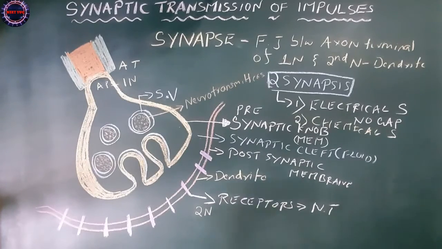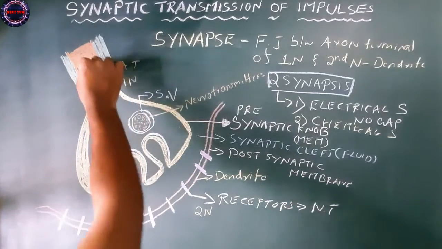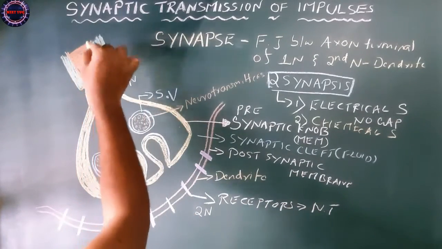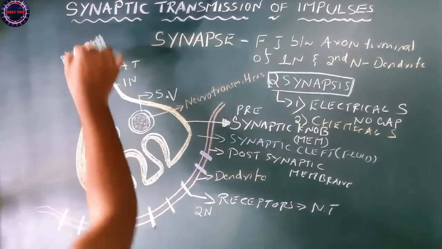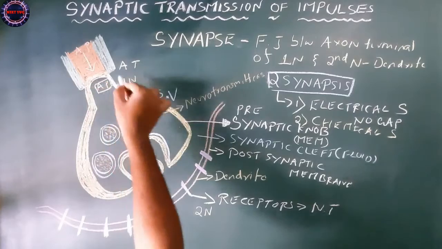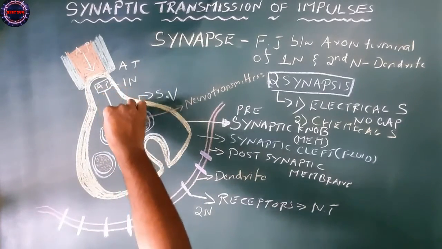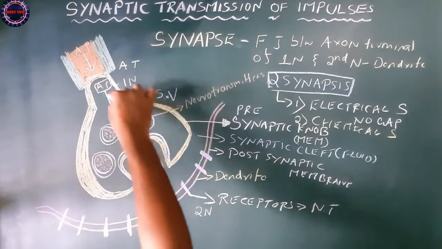Now let us deal with the mechanism. With the help of the diagram I can explain it. Let us assume that the action potential is now reaching the axon terminal and enters the synaptic knob. Once it has entered the synaptic knob of the axon, it hits the synaptic vesicles.